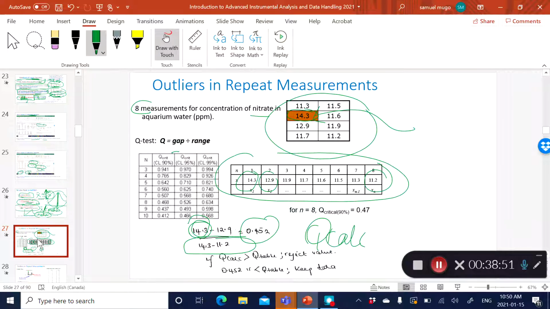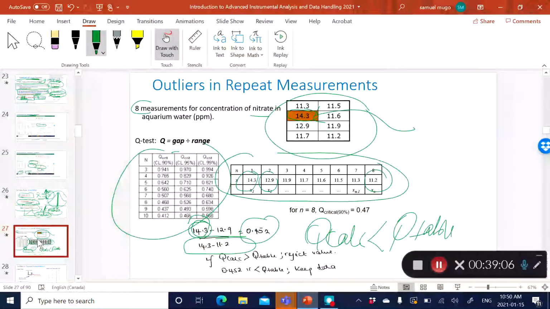And if the Q calculated is less than the Q from the table, which you can determine right from the table, where N is the number of repeats, and you can take, say, 90 or 95% confidence, so long as you specify what confidence you are dealing with. You can determine the Q from the table, which in this case is 0.47.